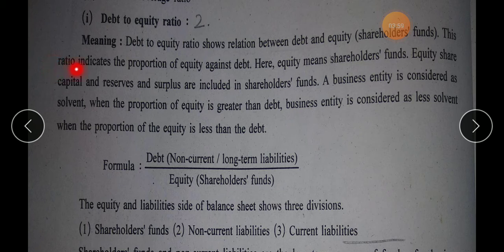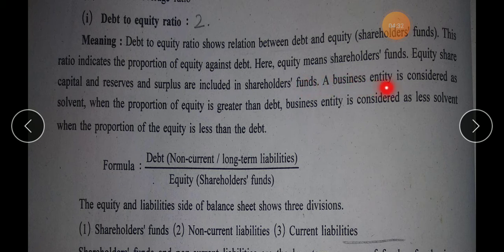This ratio indicates the proportion of equity against debt. Here, equity means shareholders' funds. Equity share capital and reserves and surplus are included in shareholders' funds. Now, if you remember chapter 1, equity shareholders are actually the owners of the company. So the shareholders' funds, and also the reserves and surplus, are added to the same.